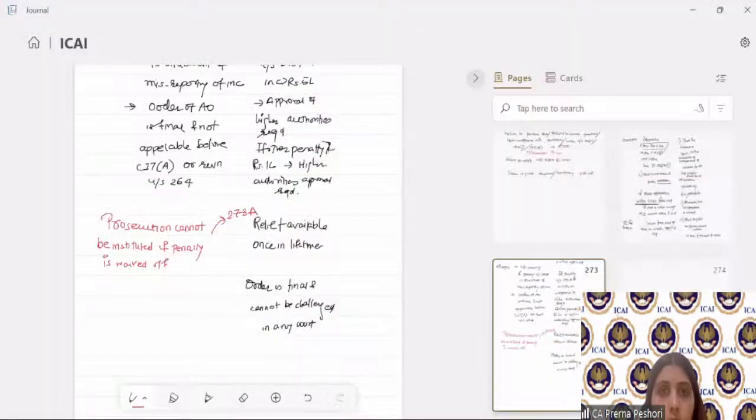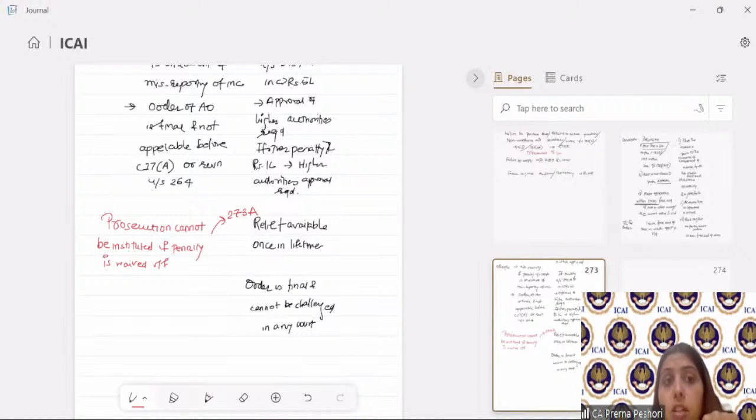Understand one thing. In this case, the prosecution will not be instituted because the tax amount is less than 10,000. Though the earlier order was 60,000, it has now been reduced to 8,900. Therefore, the prosecution cannot be instituted. But this is if it is a firm. If it is a company, then, as I told you, the prosecution can be instituted.